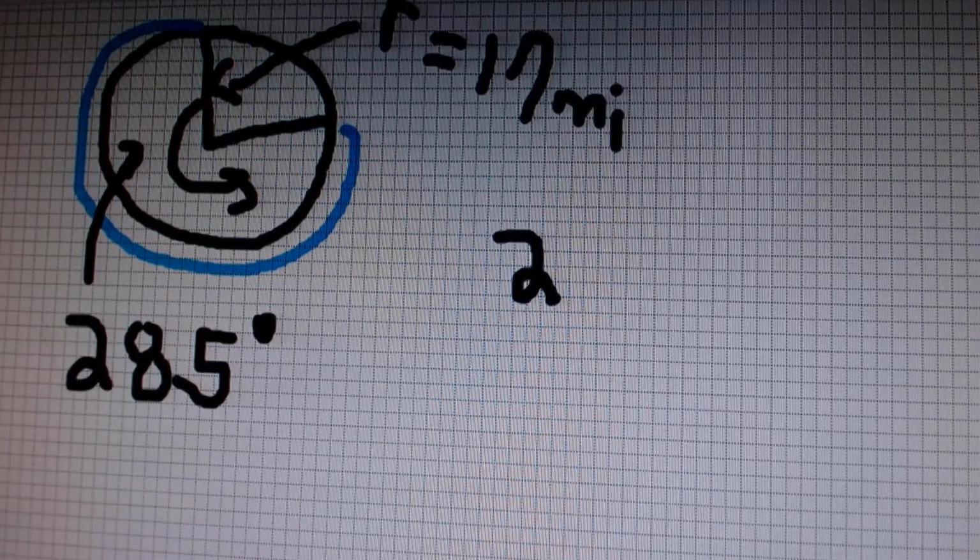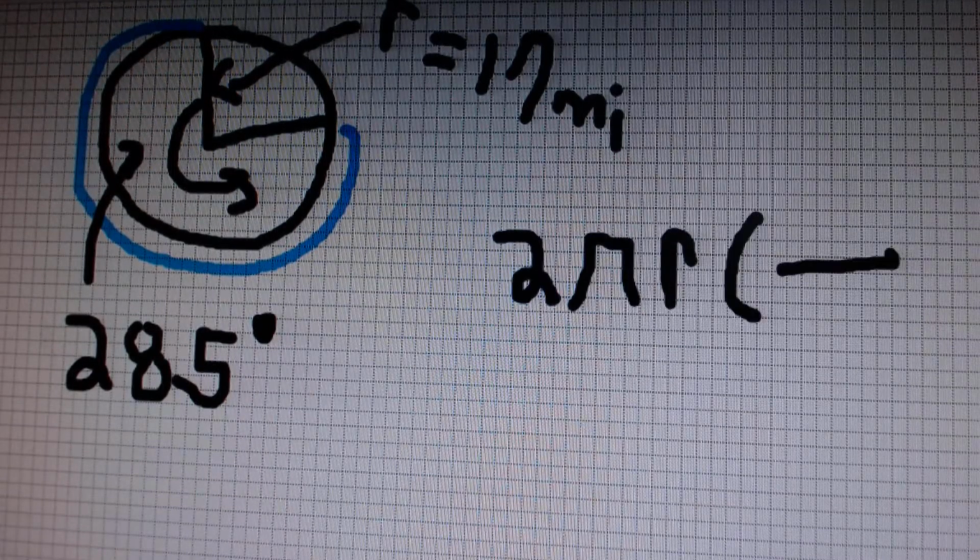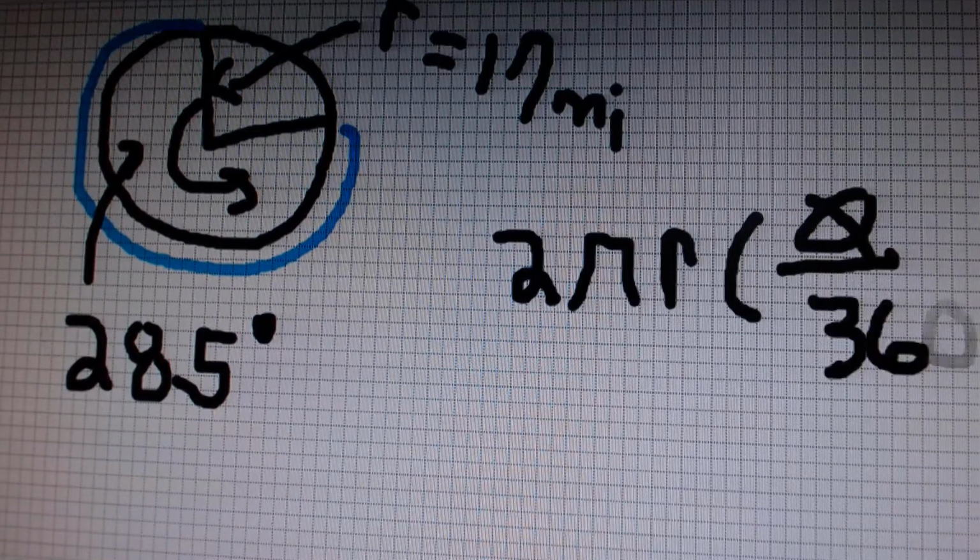And we're going to use the formula 2 pi r multiplied by theta, which is this symbol right here, over 360 degrees.